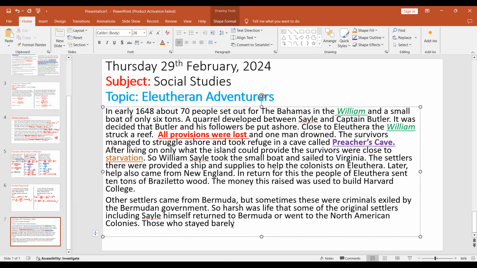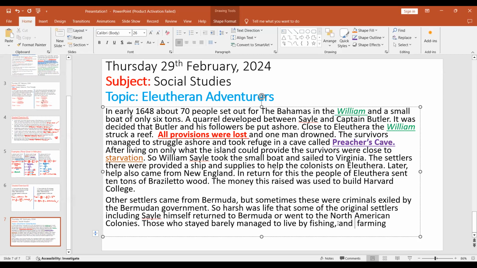Those who stayed barely managed to live by fishing and farming.